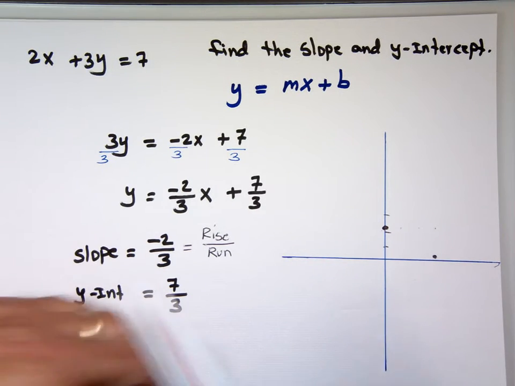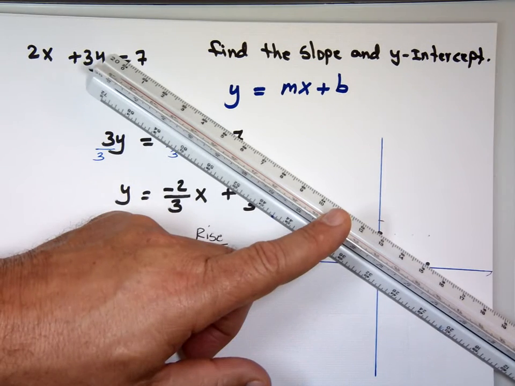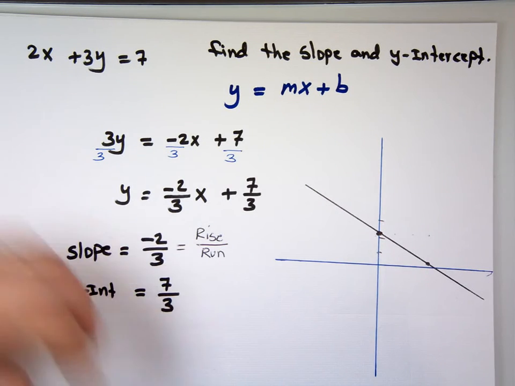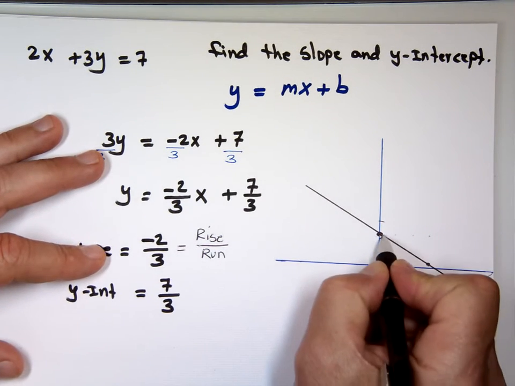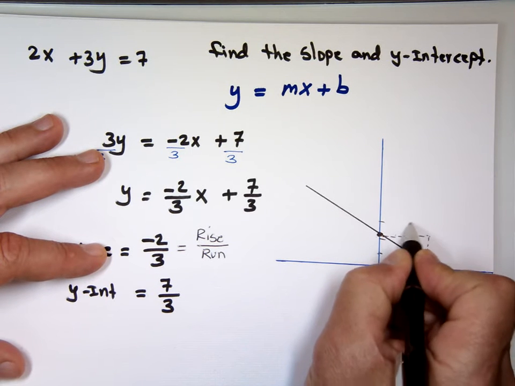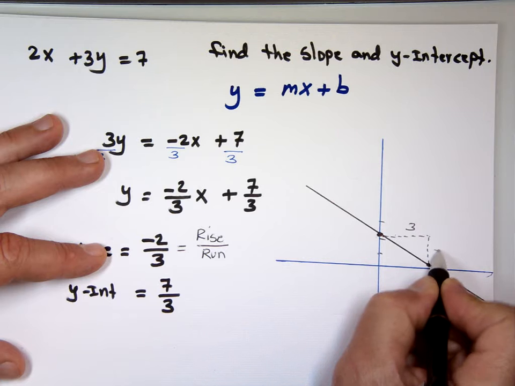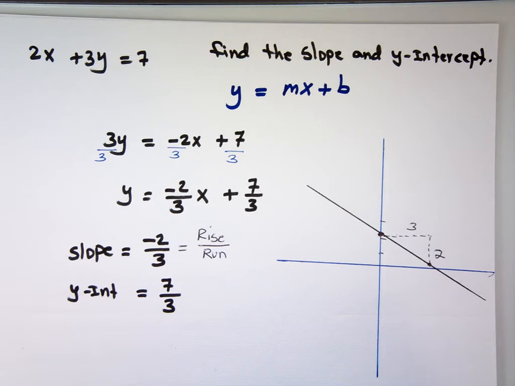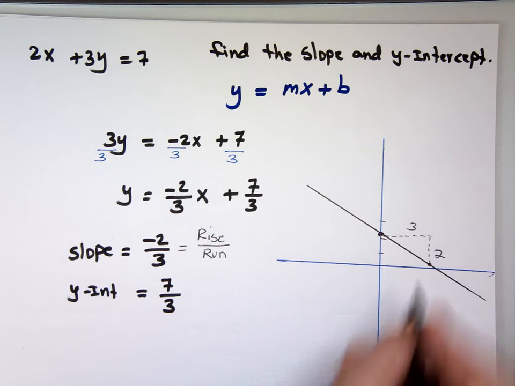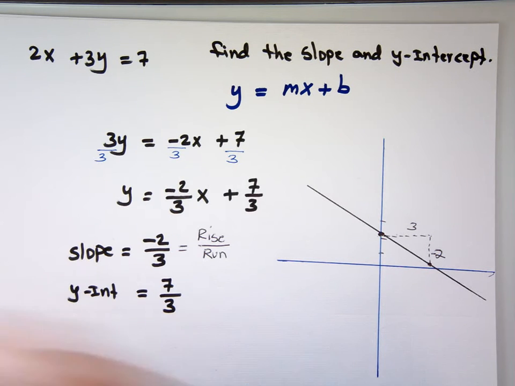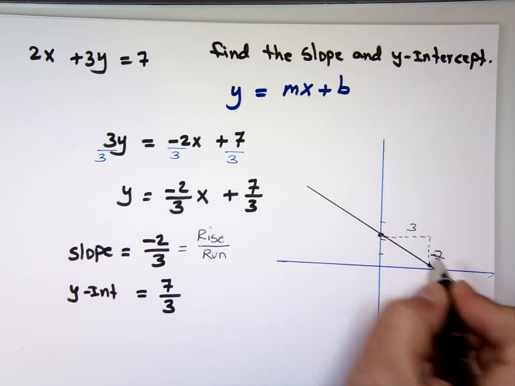When you have the 2 points, you connect them, and that's your graph. Notice if you did this dotted line, you went to the right by 3 units, you went down by 2 units. So I can put a minus which says you went down instead of going up. You went down by 2 units, and you went to the right by 3 units.